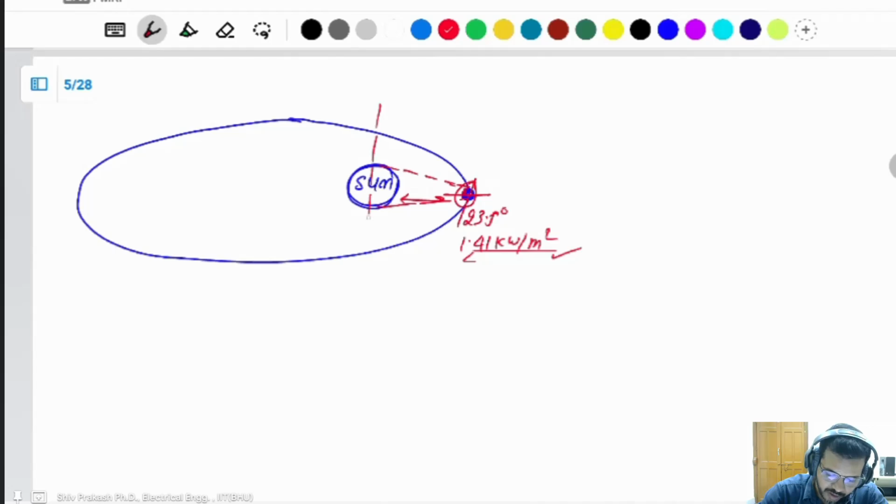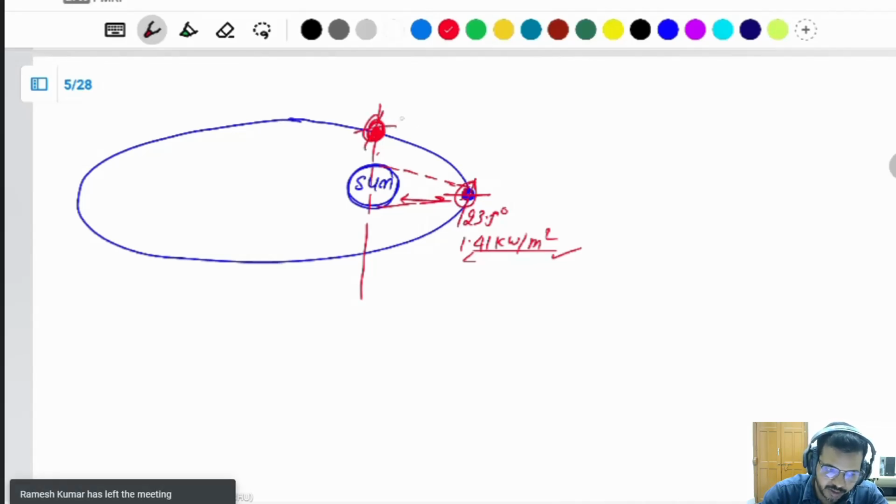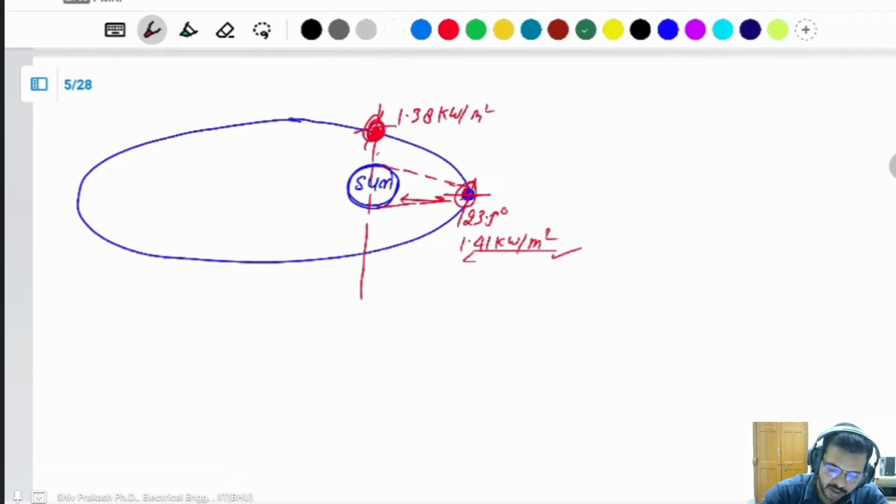Another point is this one. This point is known as the equinox line. If the earth is here, then the insolation will be 1.38 kilowatt per meter square. The earth is rotated like that.